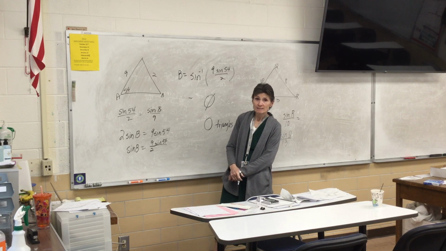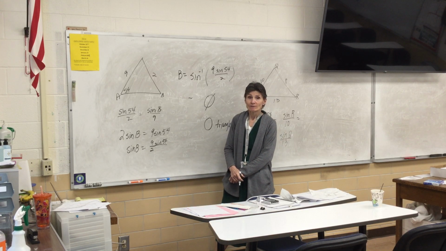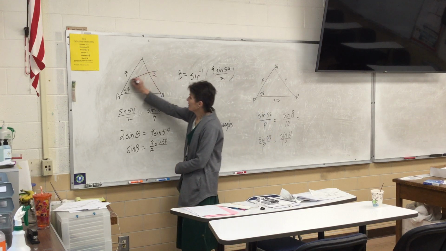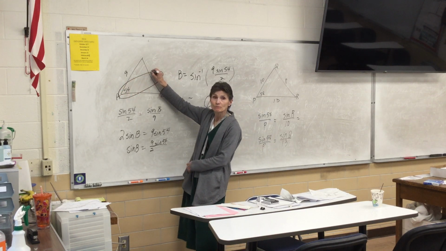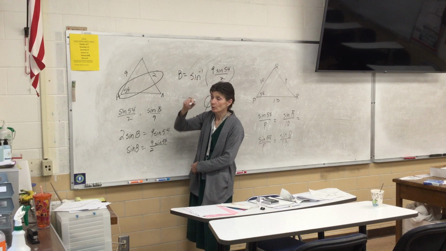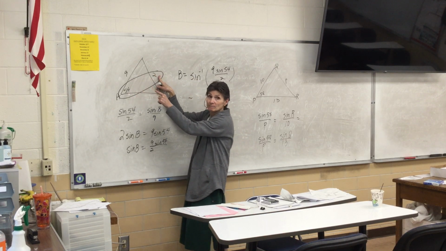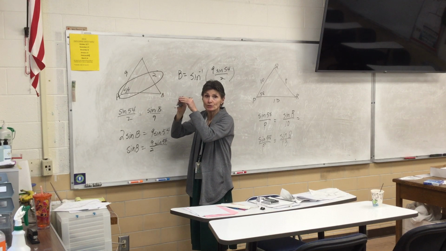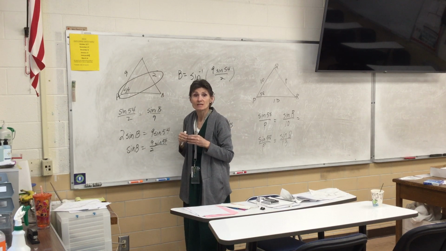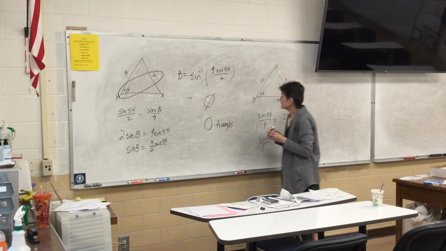You can always tell if you have a law of sines problem or not by noticing if you have a pair of information. So in other words, if you have an angle and its side, if both of those are given to you, you can use the law of sines. Look over here.